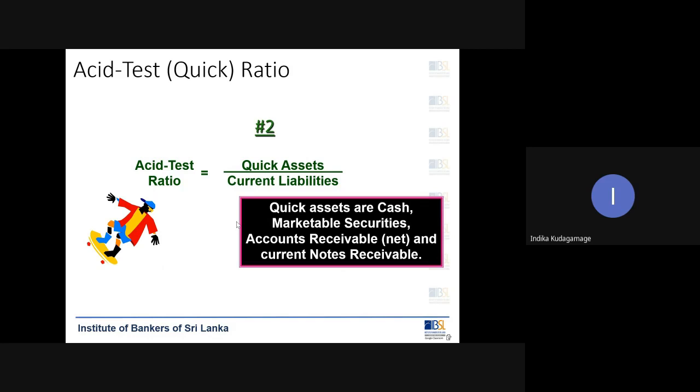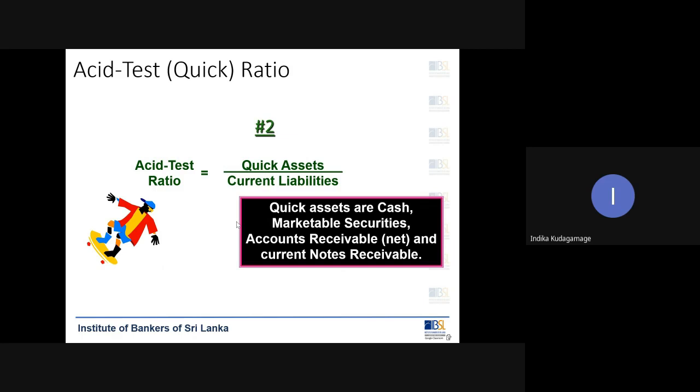So if we create a ratio called quick ratio or acid test by taking out inventory from the current assets, current assets minus inventory divided by current liabilities, right?